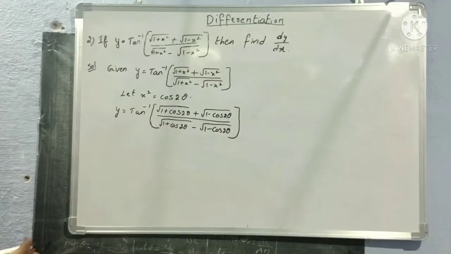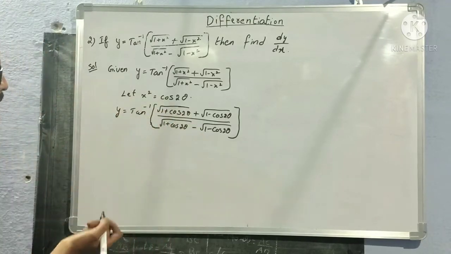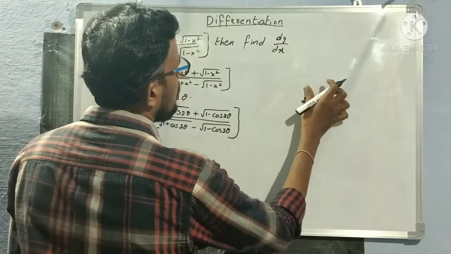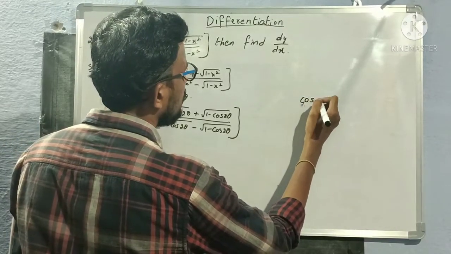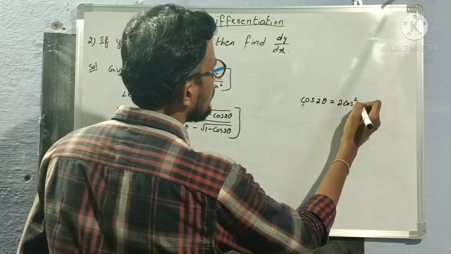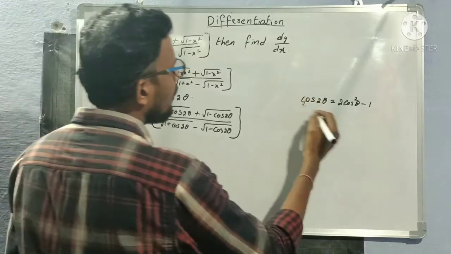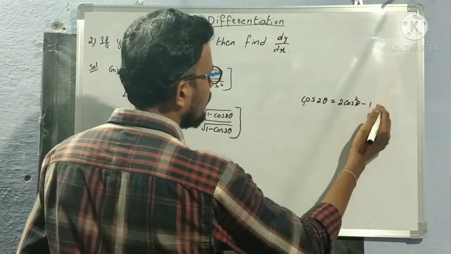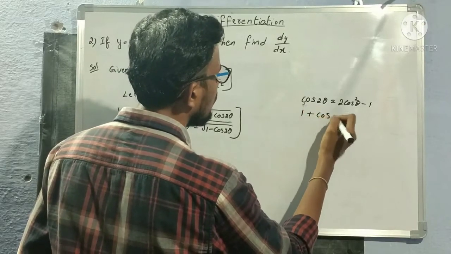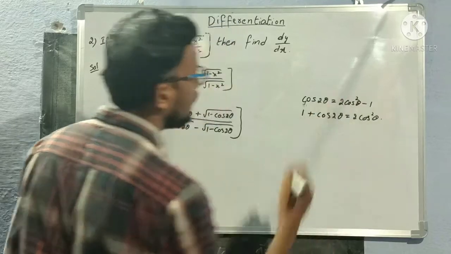Okay. Now let us see whether we have any formula for 1 plus cos 2 theta. I hope you all know that. The formula for cos 2 theta is 2 cos square theta minus 1. So if I send this 1 to this side, 1 plus cos 2 theta is equal to 2 cos square theta.